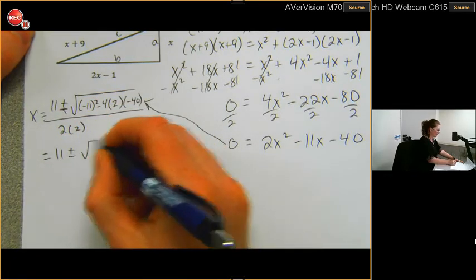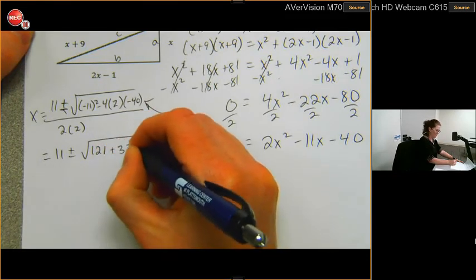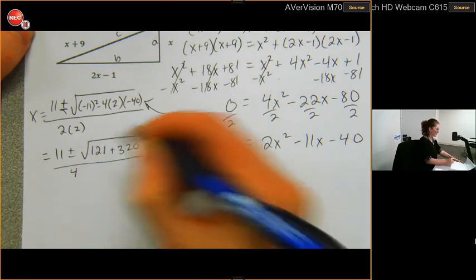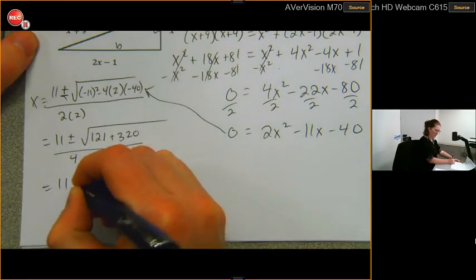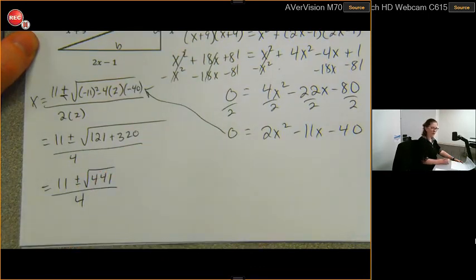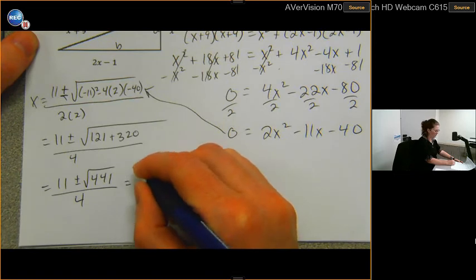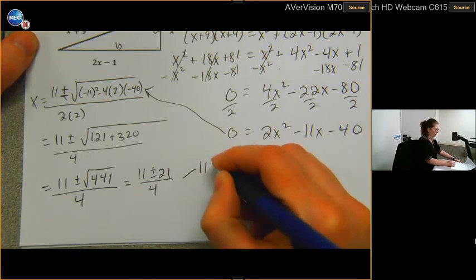And then 121 plus 320, which is 441. The square root of 441 is 21. So I split that up.